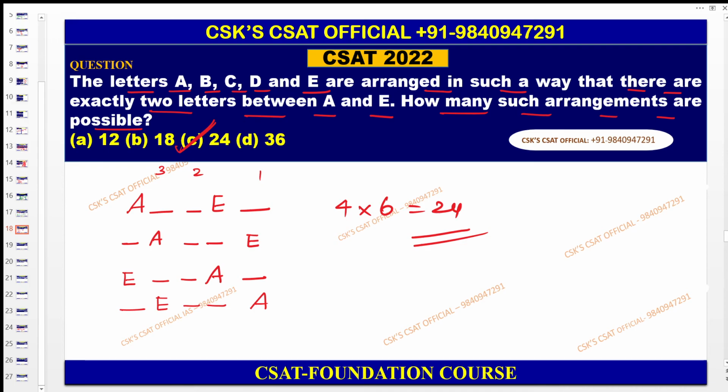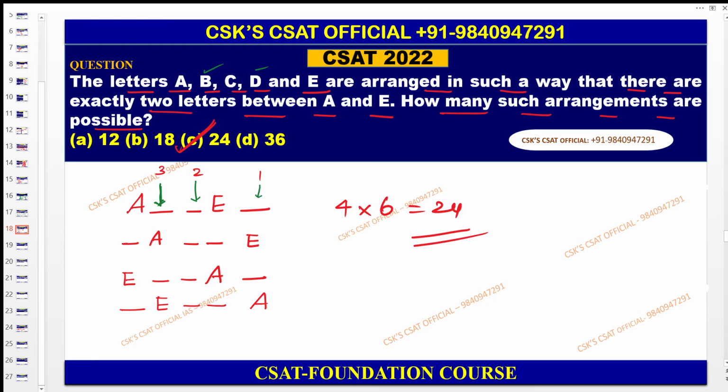How 6? Okay, fine. Listen. So A and E, remaining B, C, D. To fill this one, how many options do we have? 3 options. 1 done. Then to fill this one, how many options? 2. Then to fill this one, only 1.